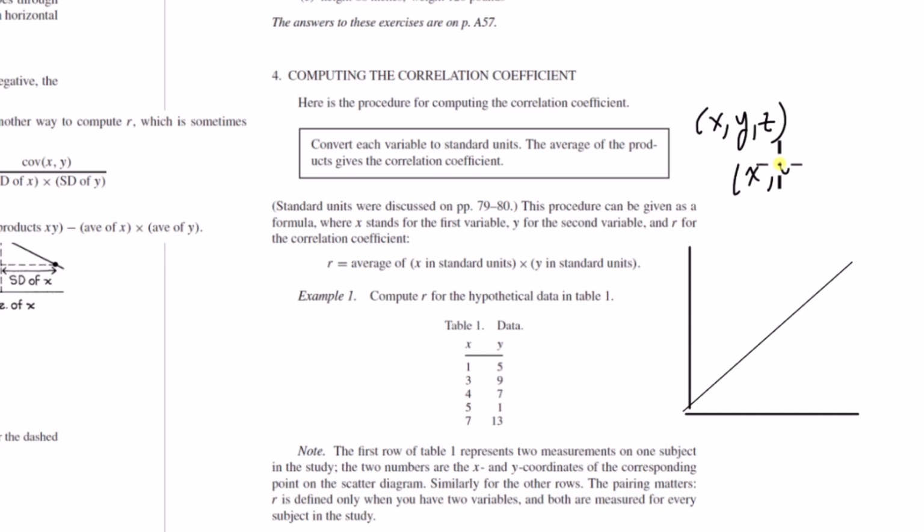If you have X and Y and you take the inverse, you flip the data points, and all you're doing is flipping the graph about the line Y equals X. So these data points would do this.